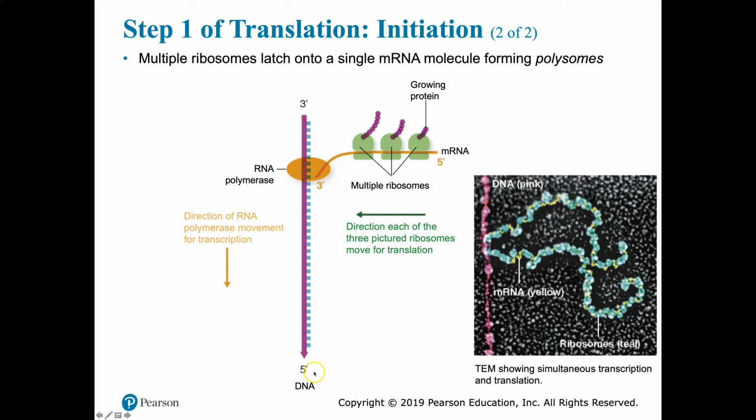Here's your DNA, which is going to get read by a polymerase, and as it reads, it builds an mRNA strand, right? It builds your mRNA. As your mRNA is being built, multiple ribosomes attach and translate this mRNA as it's being built. And it does it in chunks.